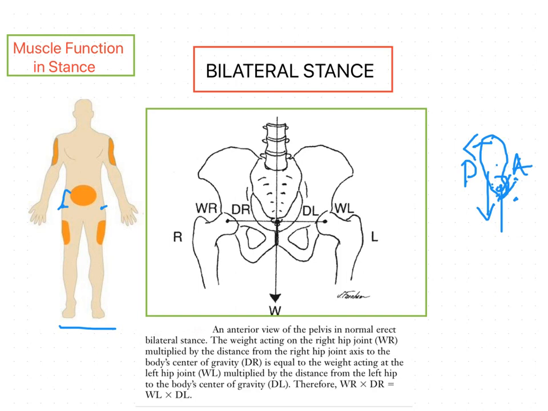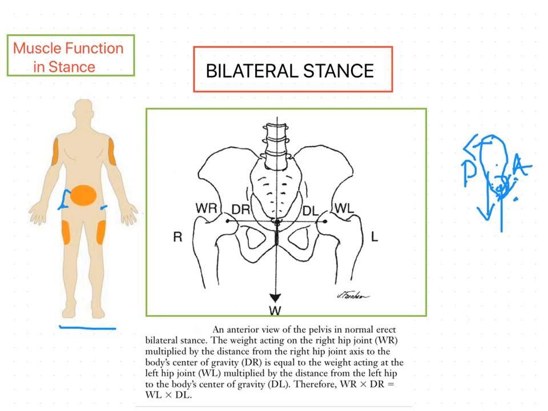Up to this point we can't see any muscular activity or muscular force required for the maintenance of this position. Only the gravitational force causes this posterior tilting of the pelvis, and it is opposed by the passive tension created in the ligaments and the capsule.